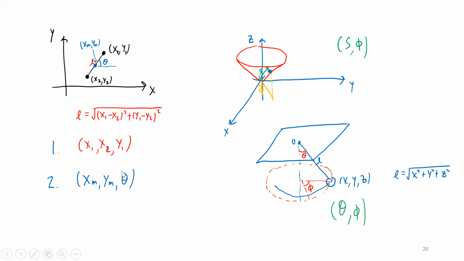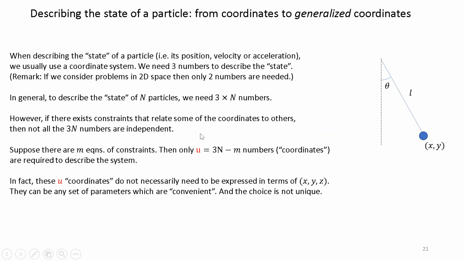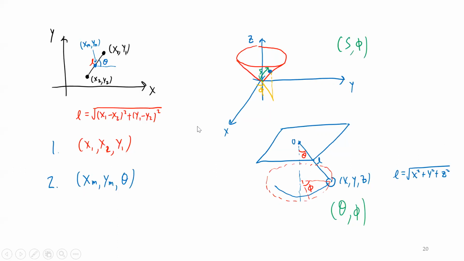As long as that set of variables, that set of coordinates, is sufficient to completely describe your system, then that is a set of generalized coordinates. These are just repeating what I just said. And you can see that the set of generalized coordinates won't be unique. You have different ways to describe the same system.